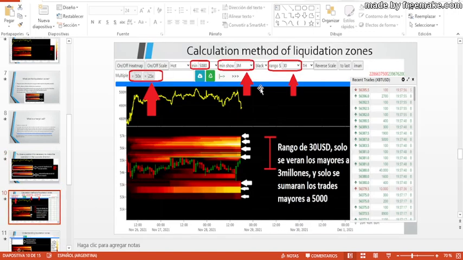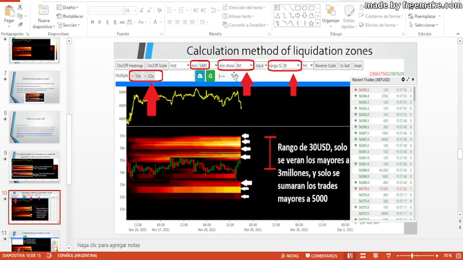The calculation method of the liquidation zone is based on these four configurations. You need to configure the minimum amount that the software will take for a trade.